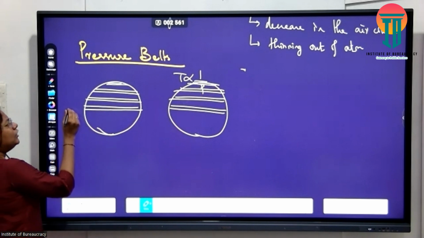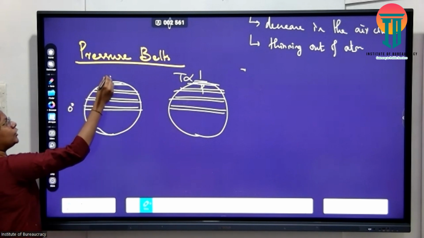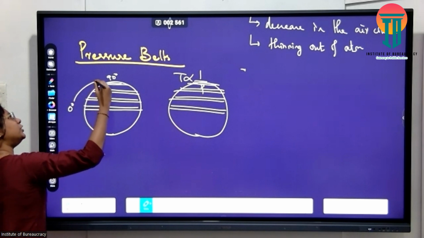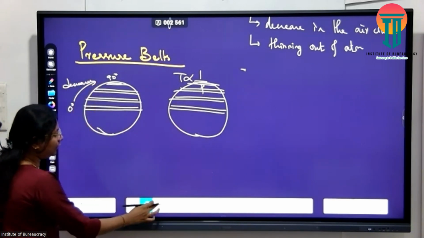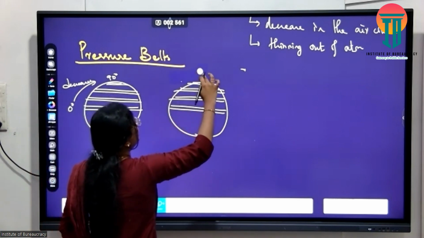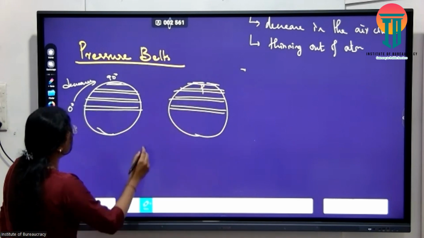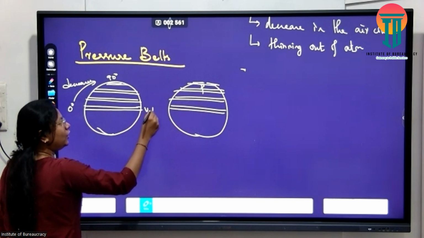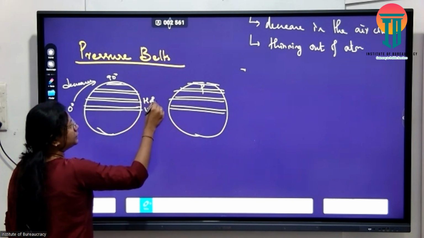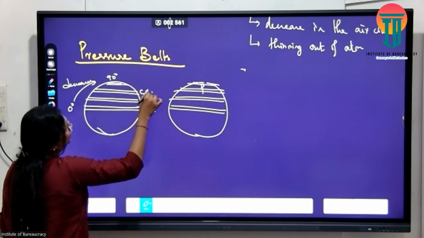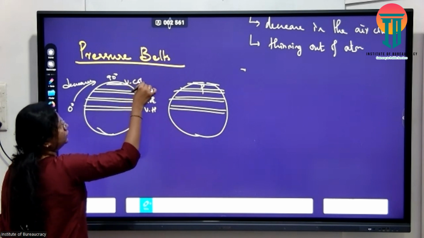Normally when we move from the equator polewards, temperature decreases. So I'm going to treat this as a very hot layer. This is hot. This is cold. And this is very cold.